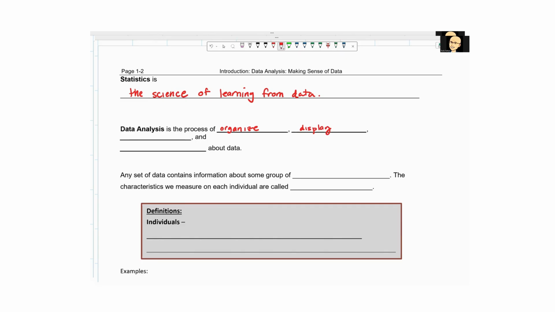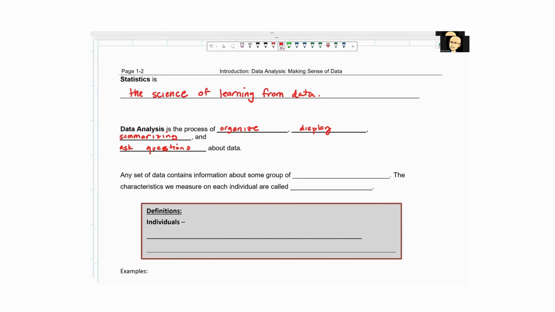It may mean that we find some way to summarize it in the form of finding the mean or the median of a data set, which we'll talk about later in this chapter. And ultimately, we might try to ask questions about the data or try to answer questions using the data. You know, did crime go down? Are incomes higher? Is inflation under control? Okay. So that's the big picture of what we're going to be doing in this class.